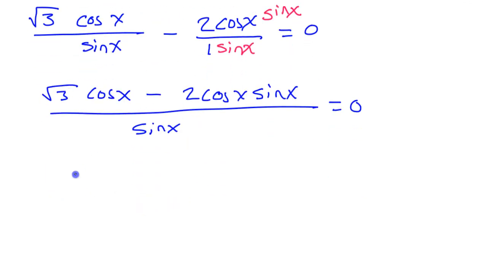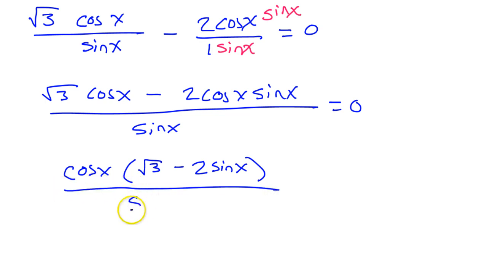So if I take the cosine, put it out front, then what I have is cosine x outside the parentheses. Then inside the parentheses I have radical 3 minus 2 sine x. Okay, and this is going to be over sine x. And that equals 0.